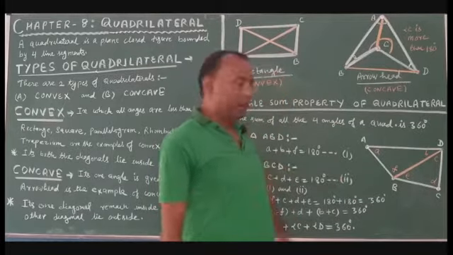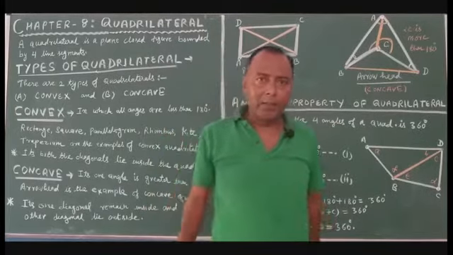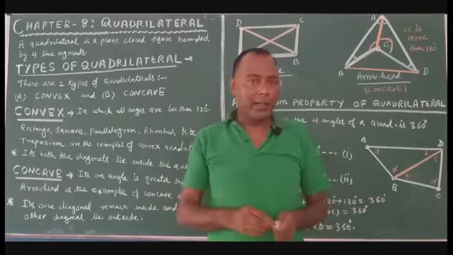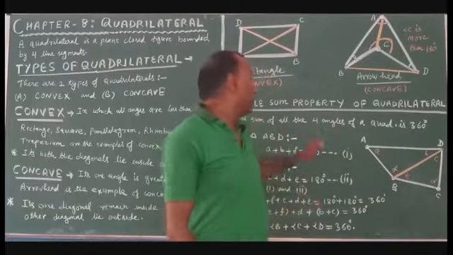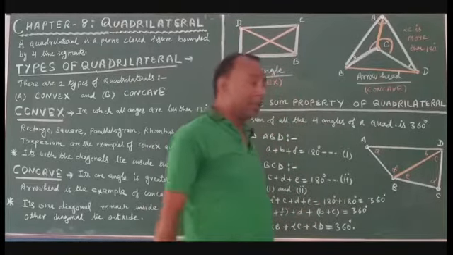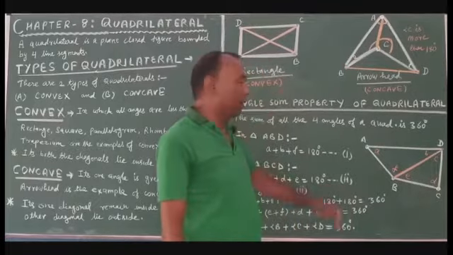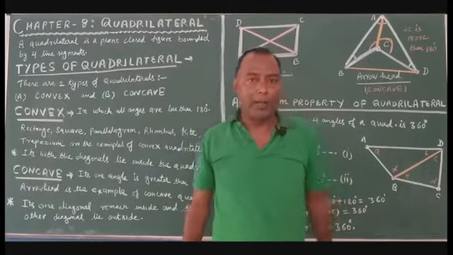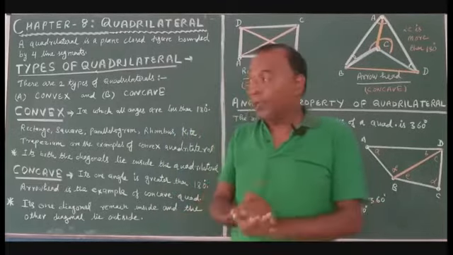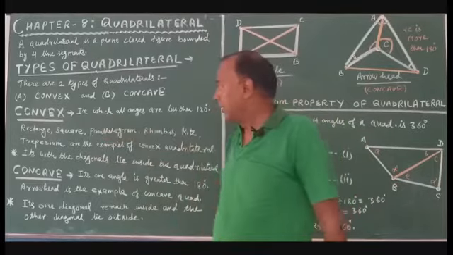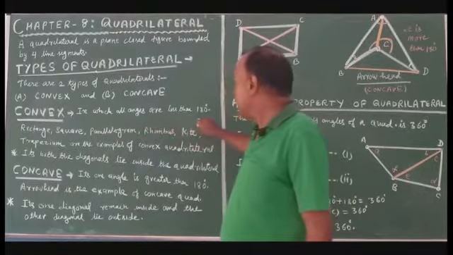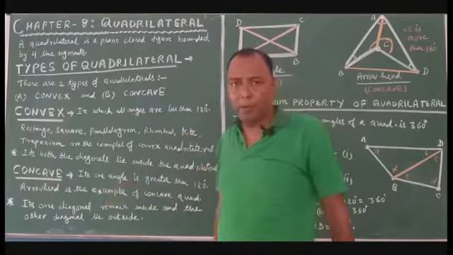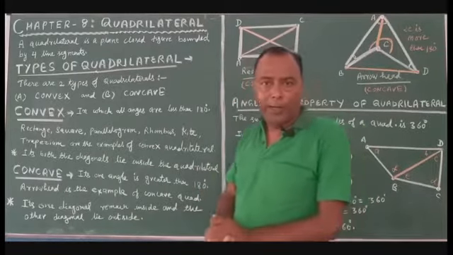This rectangle is the example of a convex quadrilateral, and this arrowhead is the example of a concave quadrilateral. So now what can we say? A convex quadrilateral is one in which all angles are less than 180 degrees.